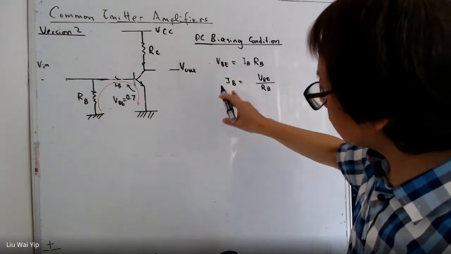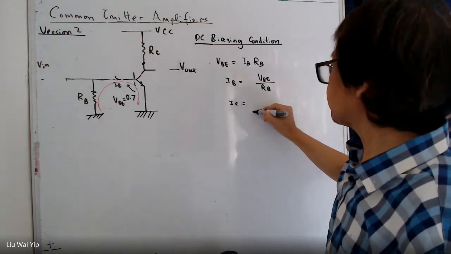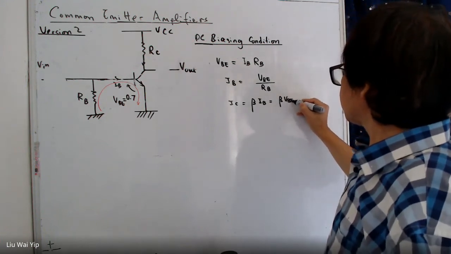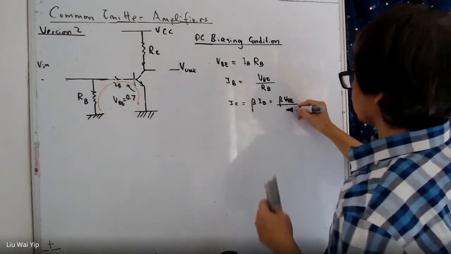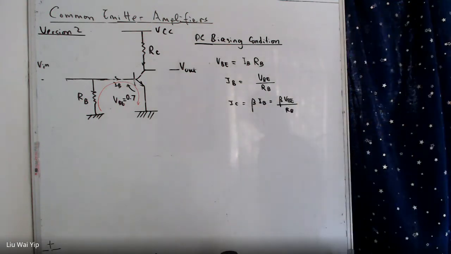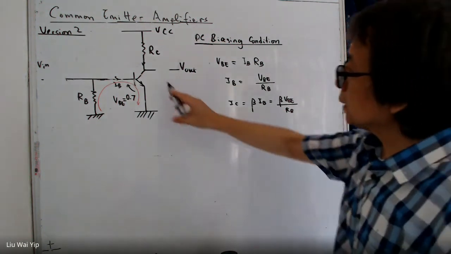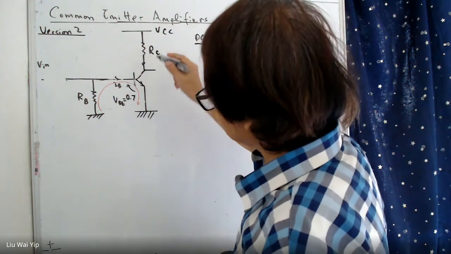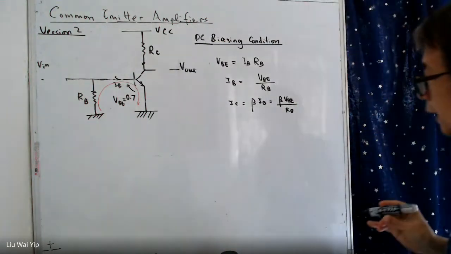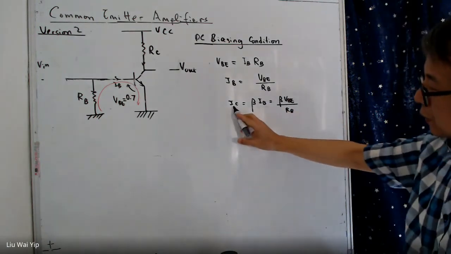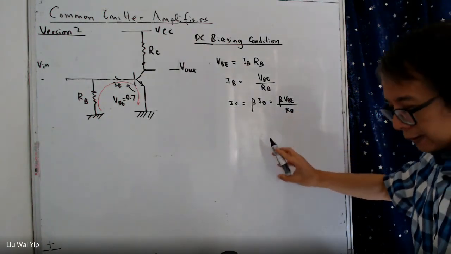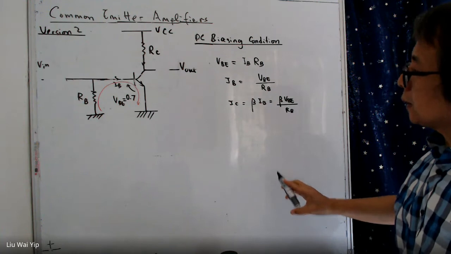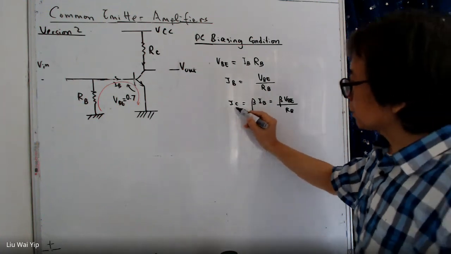And if you know IB, then you will know IC. Let's take a look in here first. As long as we know IC, then the next thing can be determined automatically. And this IC is actually equal to IC naught.